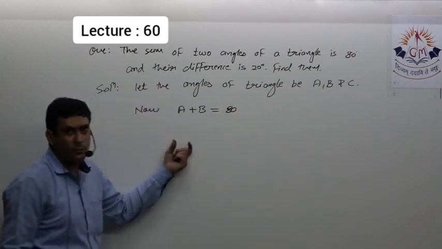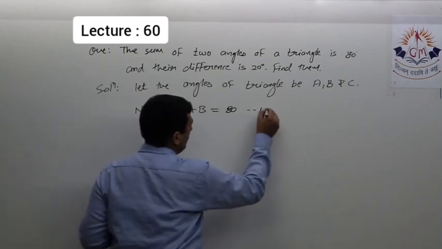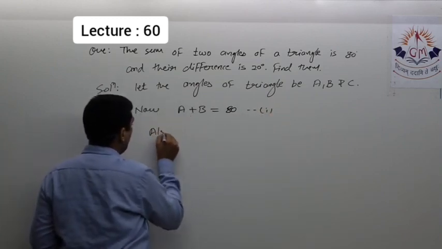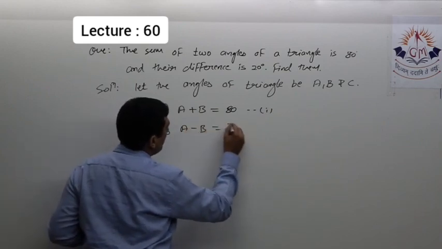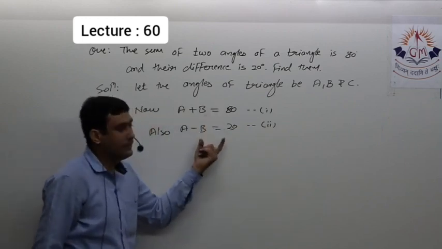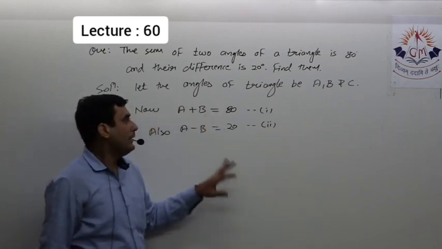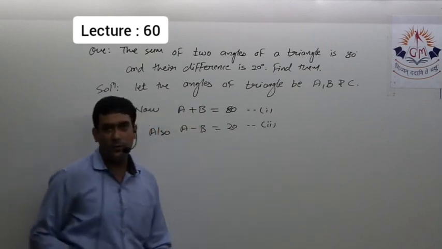So I am considering two angles are A and B whose sum is 80 degree, that is given. Also it is given A minus B is equal to 20 degree. This is also given, that sum of those two angles is 80 and the difference is 20. And so you have to find all three angles. So if I solve these two, I will get the value of A and B.